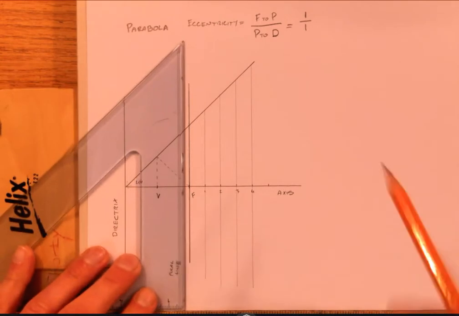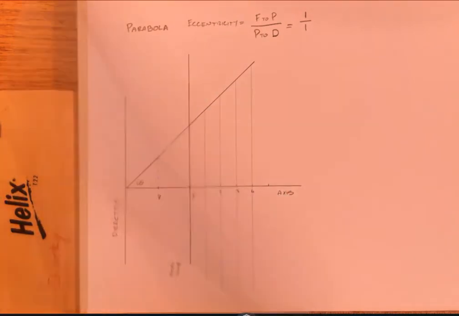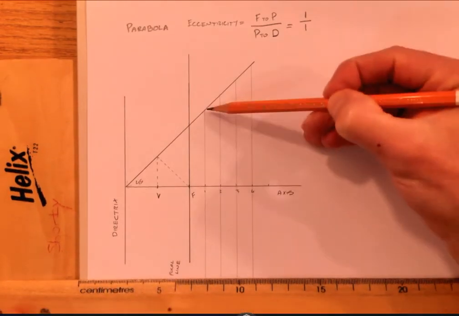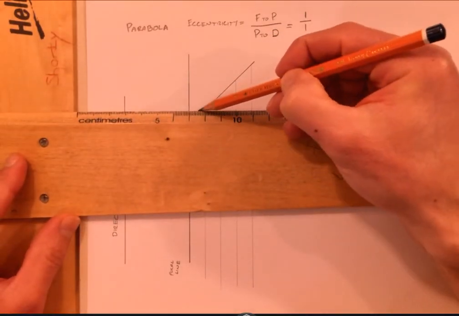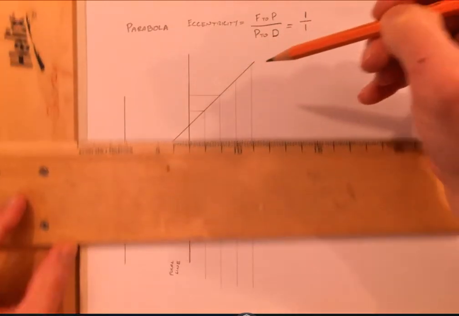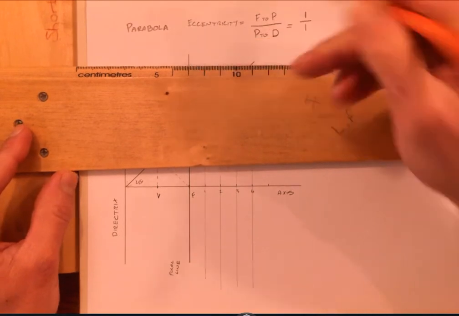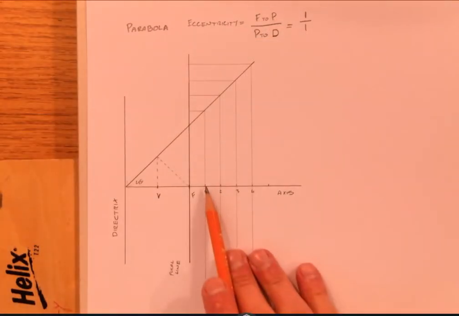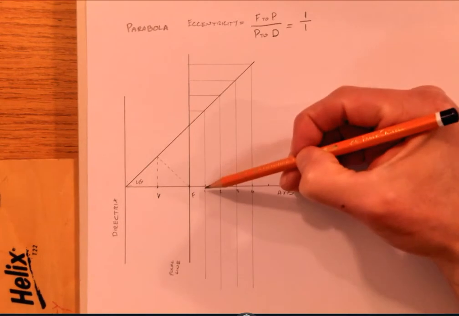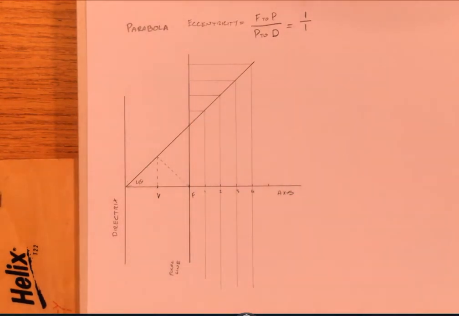Now I'm just going to extend the focal line a little bit here because it needs to be a little bit higher. So where our line 1 hits the eccentricity line, I come back and do that for each of those. So as I said, we stepped out equal spaces, draw vertically to hit the eccentricity line, and then come back to hit our focal line.